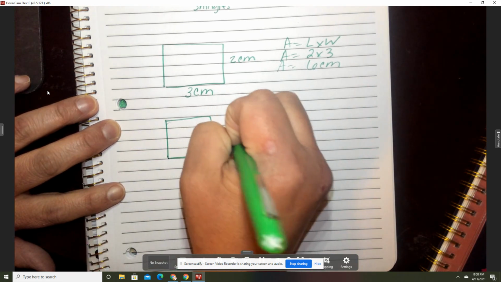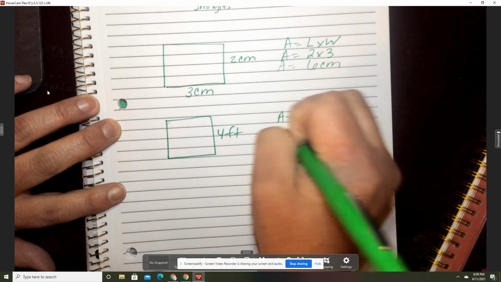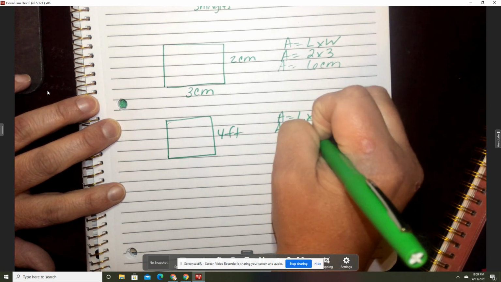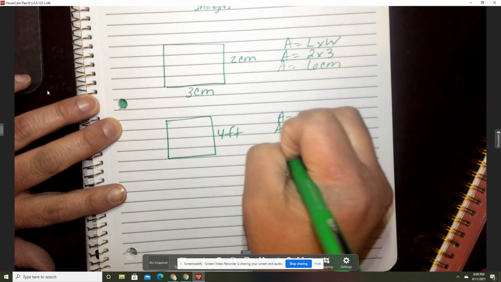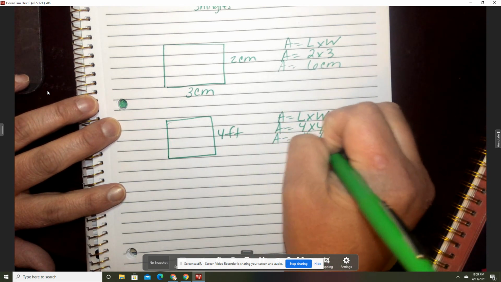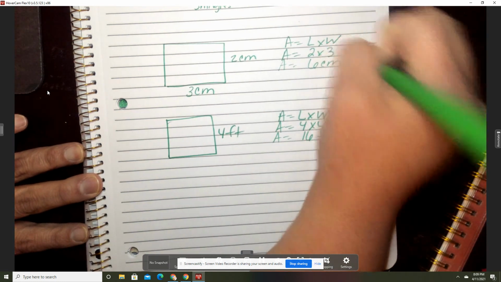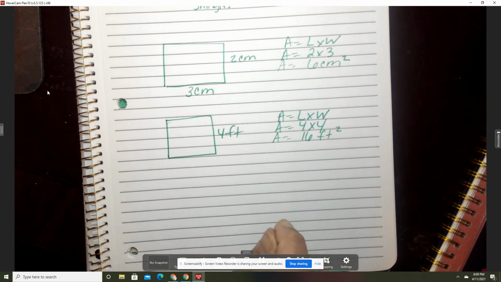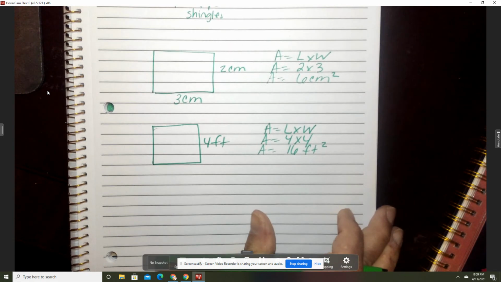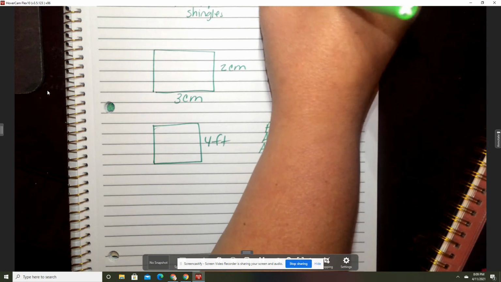I've got a square here and it's 4 foot. Area equals length times width. Area equals 4 times 4. And area equals 16 feet. Oh gosh, here's what I forgot. Squared. It is squared. How did I forget that? It's squared because it's a 2D shape.